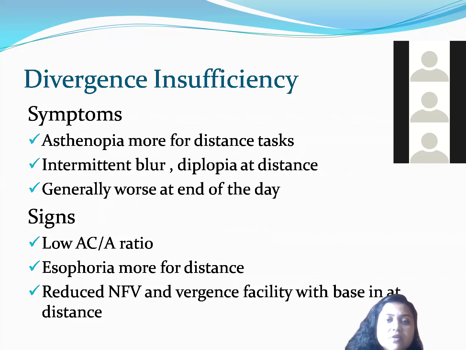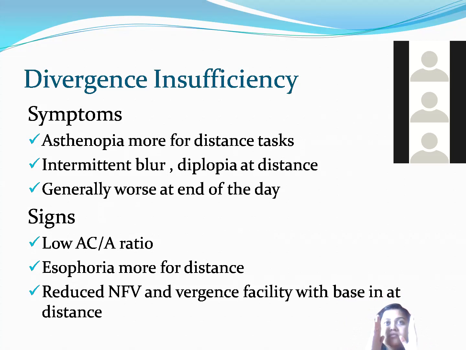Now we'll come to divergence insufficiency, coming to the symptoms. Divergence insufficiency means the patient, while looking at distance, this is my straight gaze. When I'm looking at near, my eyes should be converged like this, right?